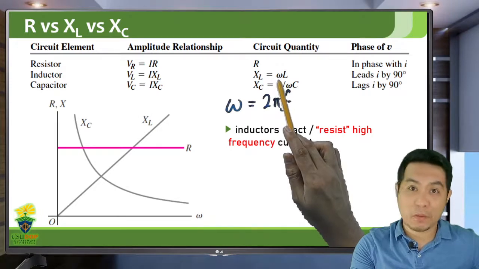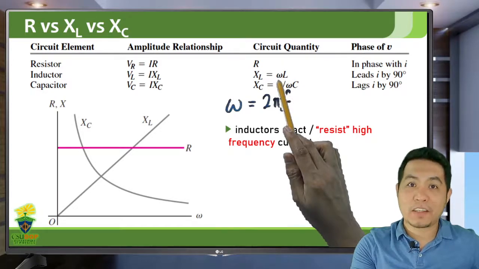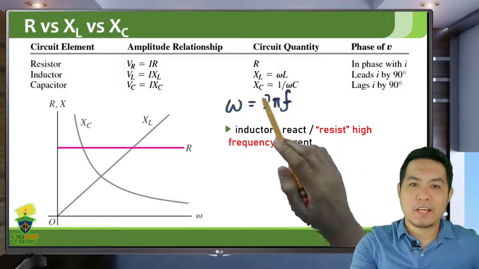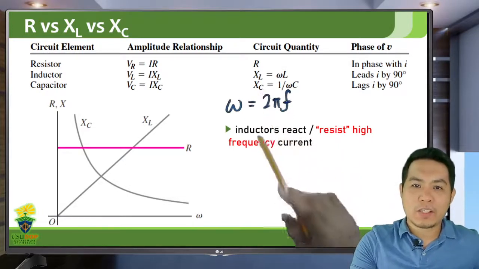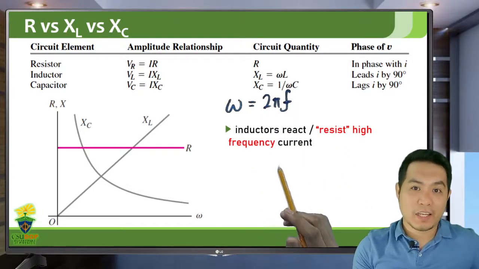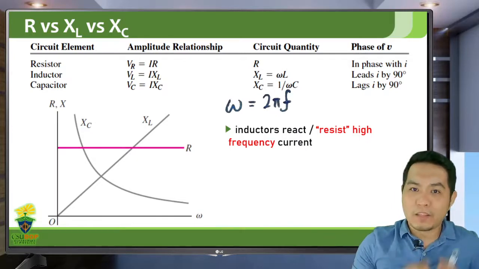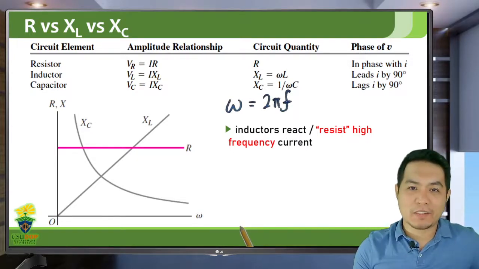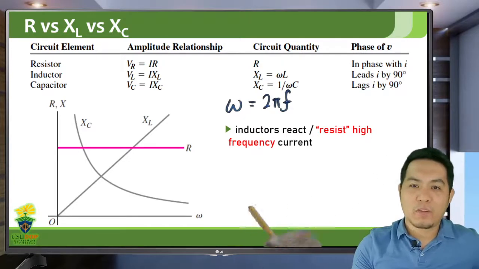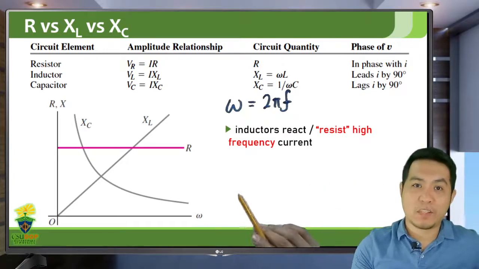So for high frequency of alternating sources, alternating voltage, or high frequency of variation, then inductors resist high frequency current. So they block high frequency current. So they only let low frequency current pass through the inductors.